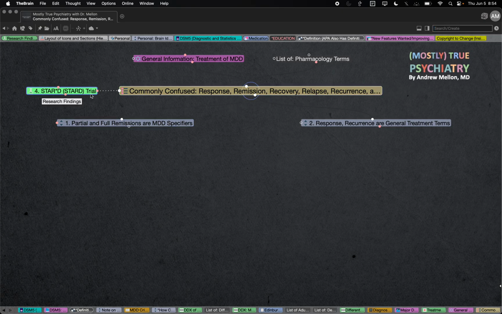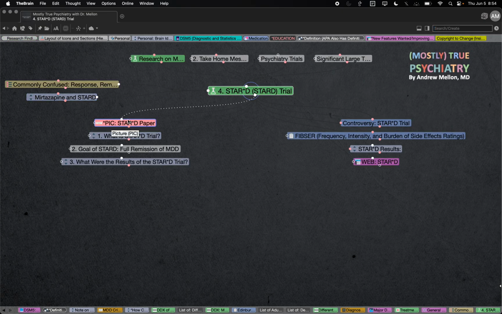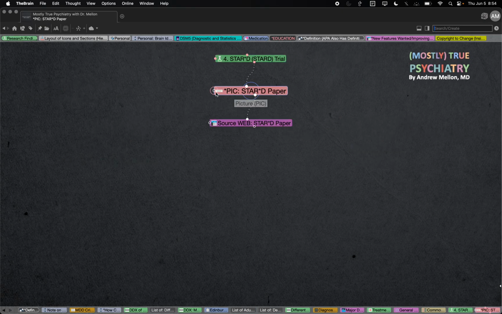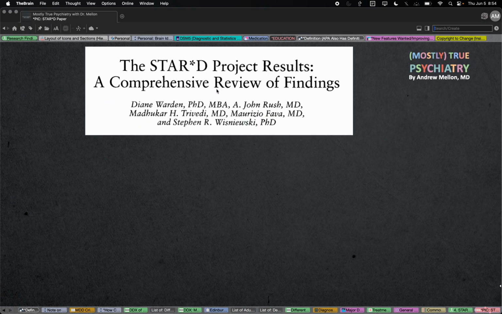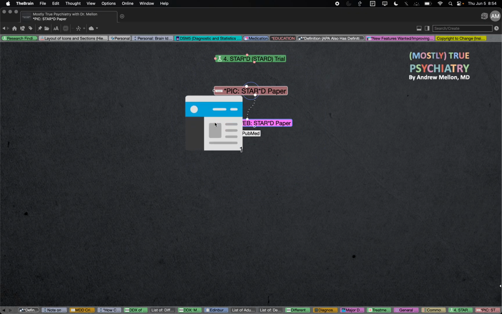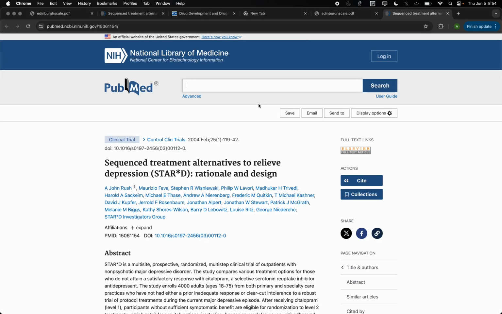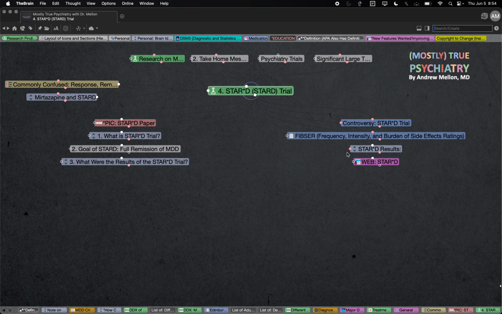And it's like, well, what is that from? Well, largely made famous from the STAR-D trial. And what's the STAR-D trial? Well, it's this particular document. Here's the actual research article that was originally published, here's what the results are, things of that nature, and we discuss it.